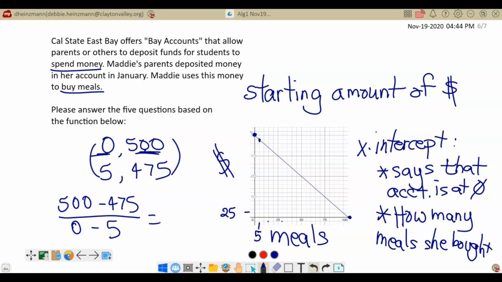So 500 minus 475 is 25. 25 divided by -5 equals -5. So the slope is -5.